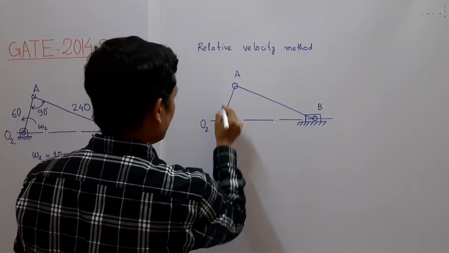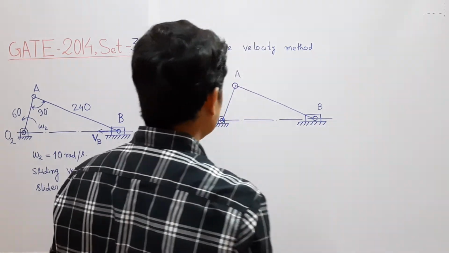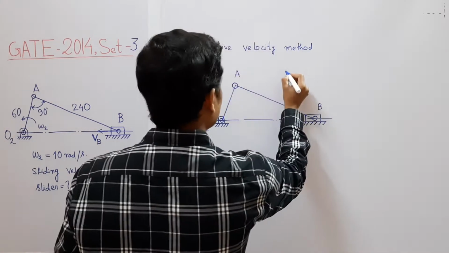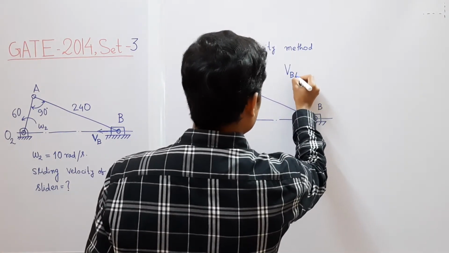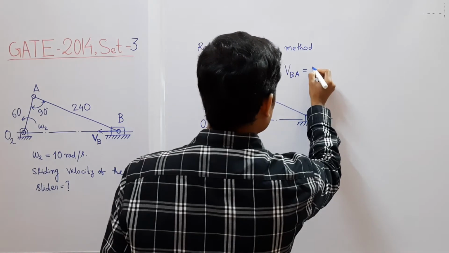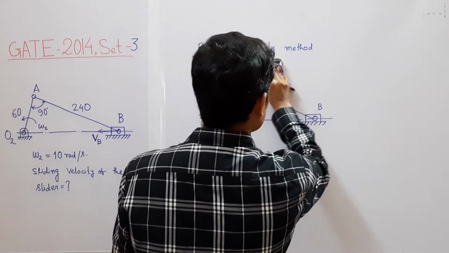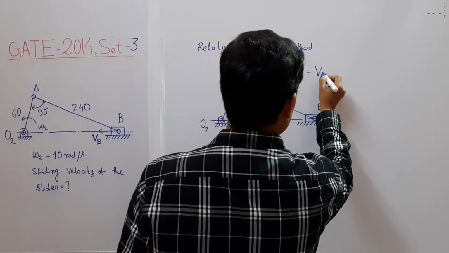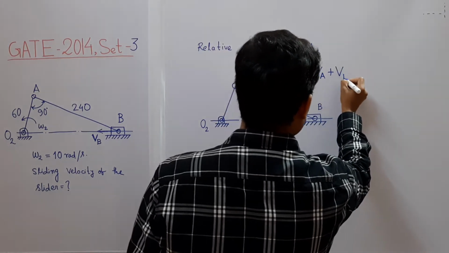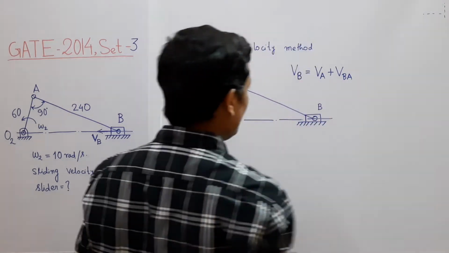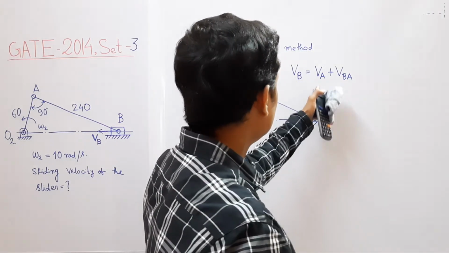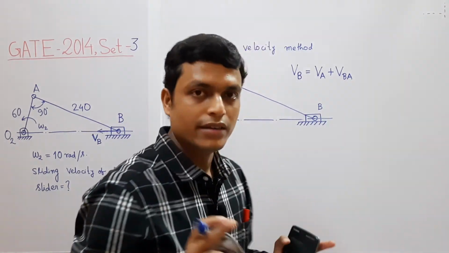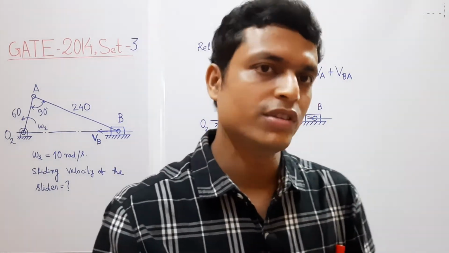O2A is 60 millimeter. From the relative velocity method, we know VB is equal to VA plus VBA. VB is velocity at point B, VA is velocity at point A, and VBA is relative velocity of point B with respect to point A.